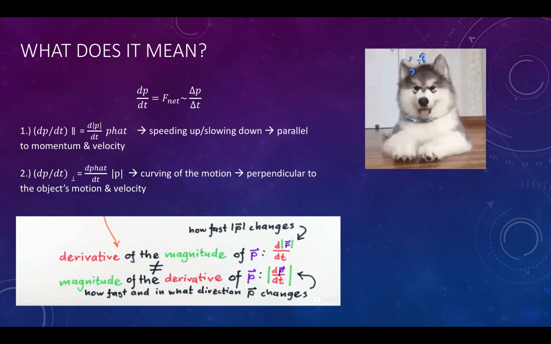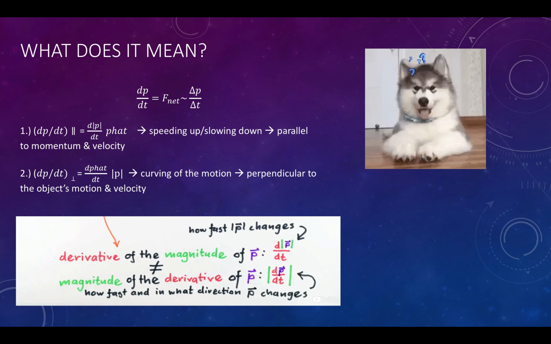The perpendicular component of an orbital motion is also equivalent to mass times velocity squared over r, the radius of the kissing circle. The parallel component of F net represents the speeding up and slowing down of an object, while the perpendicular component represents the change in direction or curvature of the object.